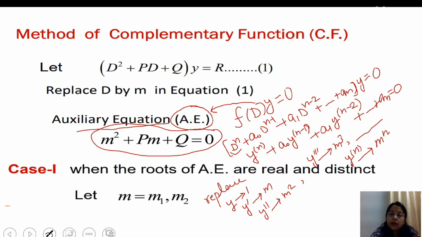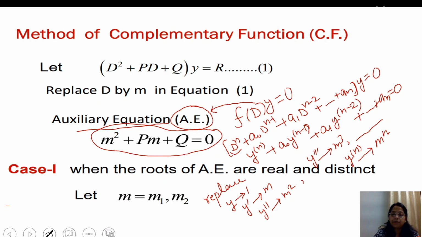Then our next step is to find the roots of this auxiliary equation, which is in terms of m. Whether we get a quadratic, cubic, or biquadratic, in any case we have to factorize the auxiliary equation.